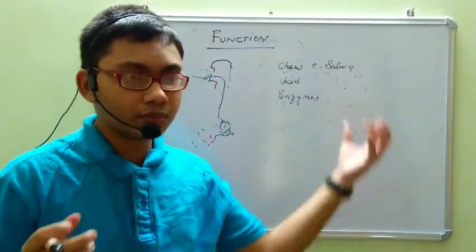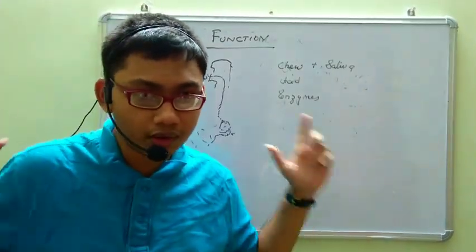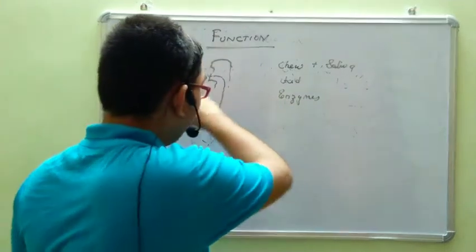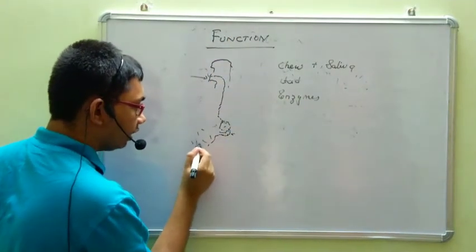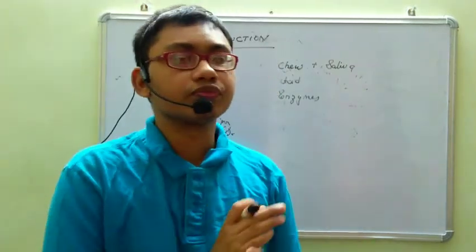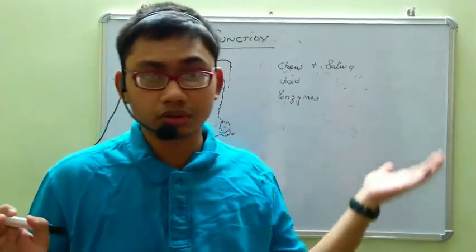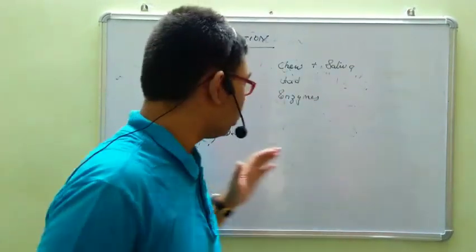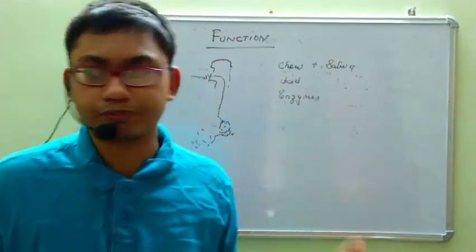There is some operation that is performed on the food, and as the result of all these operations, this food is converted into simpler substances and is assimilated. It's absorbed into our body. We will not consider what happens after that absorption. Actually, after the absorption, the process of respiration should start. So we are considering only digestion, the main essence of digestion.